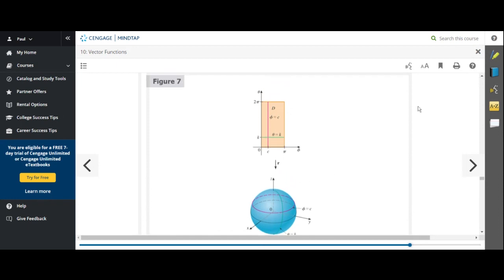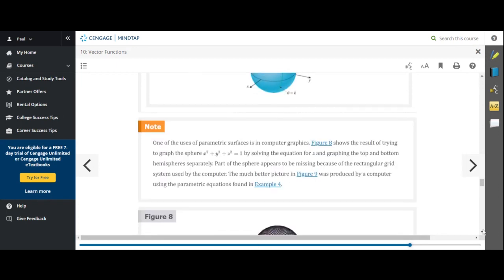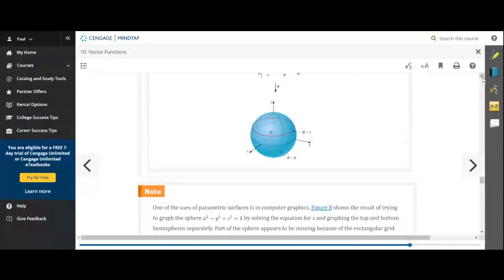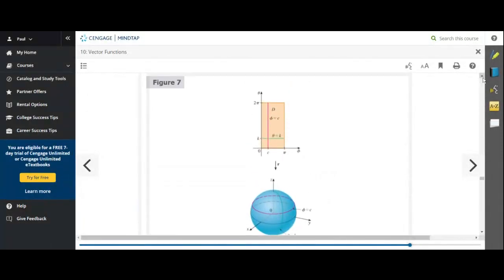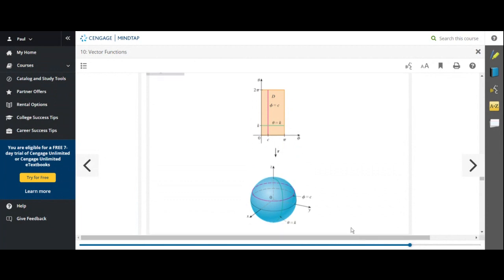The blue grid curve corresponding to theta equals k, does that blue grid curve look like it goes all the way around the sphere?